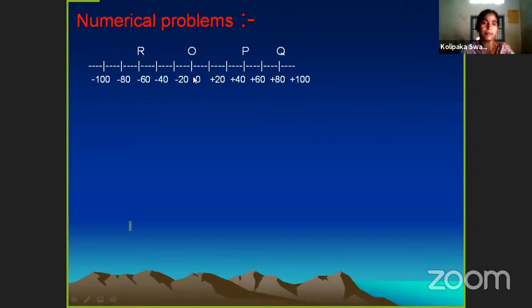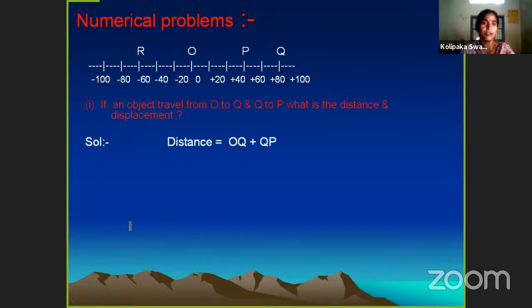Question. If an object travels from O to Q and Q to P, what is the distance and displacement? See here one scale, observe this.